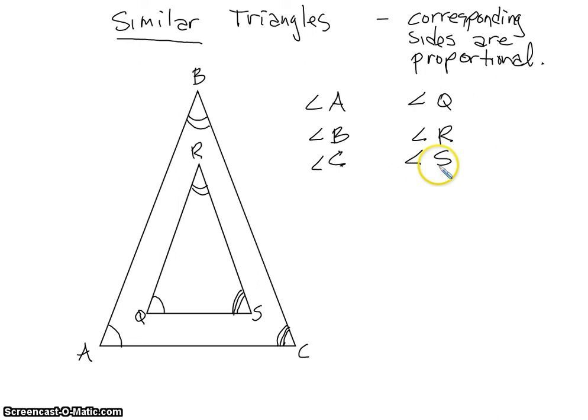Now, not only do the angles correspond, but the sides correspond too, and the side correspondence is where we see the proportionalities come into play. So I'm going to use lowercase letters here, and opposite angle A on the big triangle, I'm going to put side A. Opposite angle C will be side C, and opposite angle B will be side B. Likewise, opposite angle Q over here will be side Q. We have side S here and side R there.